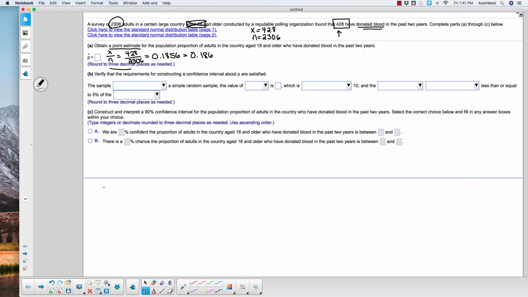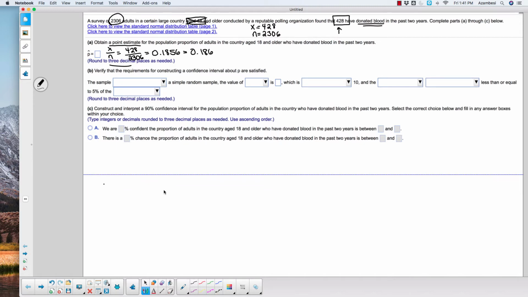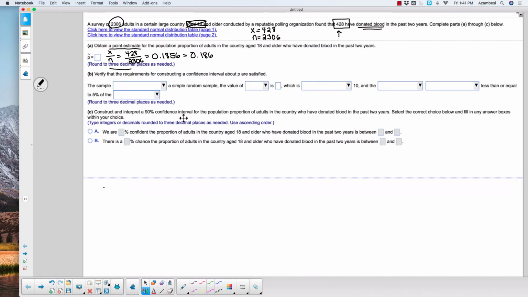As far as what we are required to have for a confidence interval, the lesson in the software will step you through all of the requirements. We require that the sample is a simple random sample, and we're going to calculate that n times p hat times 1 minus p hat has to be greater than 10.